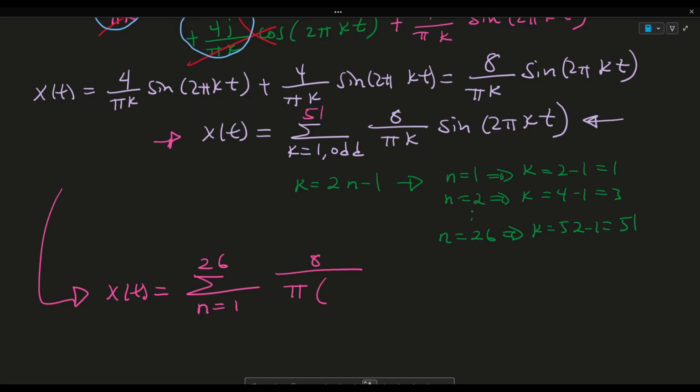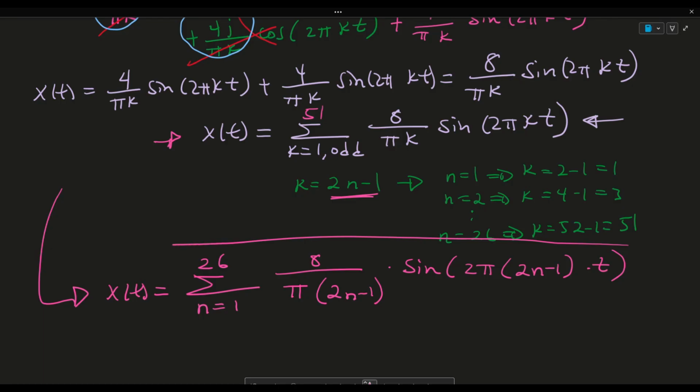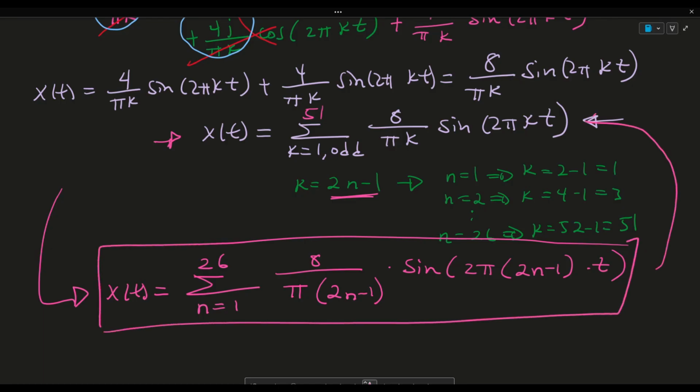But now k in terms of n is 2n minus 1, right, from here, times sine 2 pi, k again is 2n minus 1, times t. Okay, and this here is my final solution, and it's the same as this.